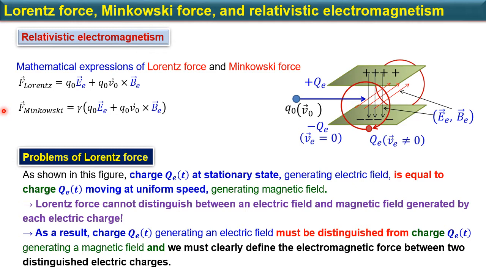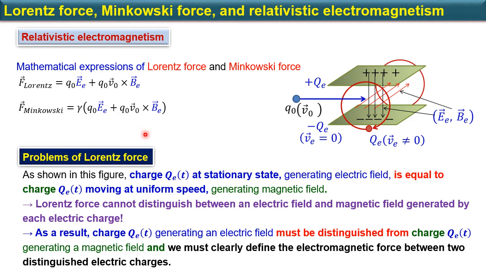When we apply that knowledge to the Lorentz and Minkowski forces, we can examine whether or not the forces are applicable to relativistic electromagnetism with the mathematical expressions of the Minkowski and Lorentz forces. As shown in this figure, because charge QE at stationary state generating an electric field is equal to charge QE moving at uniform speed generating a magnetic field, the Lorentz force cannot distinguish between an electric field and magnetic field generated by each electric charge.